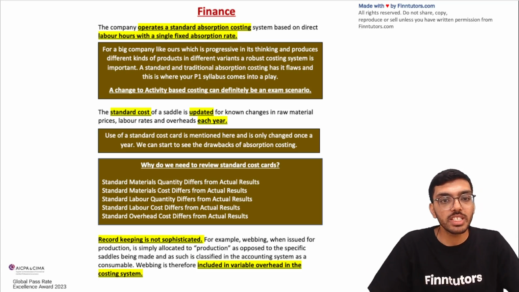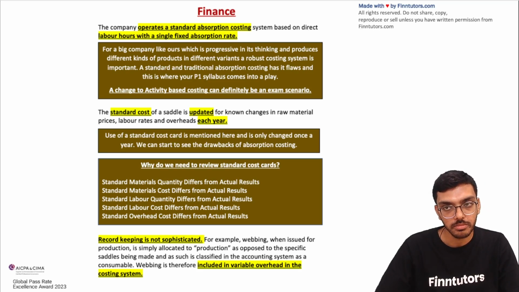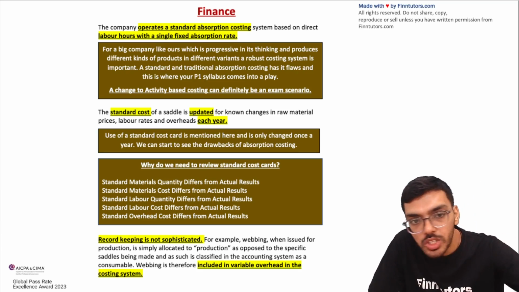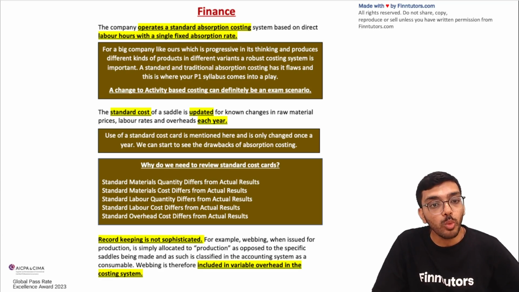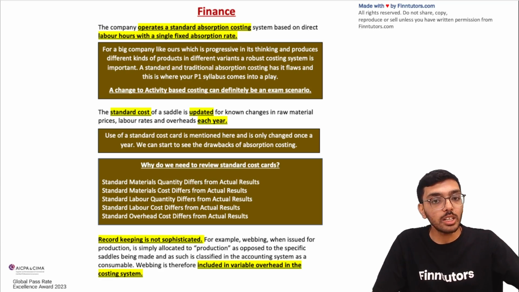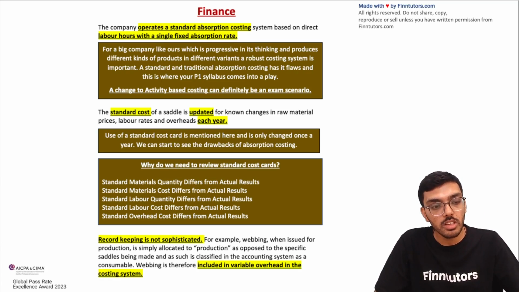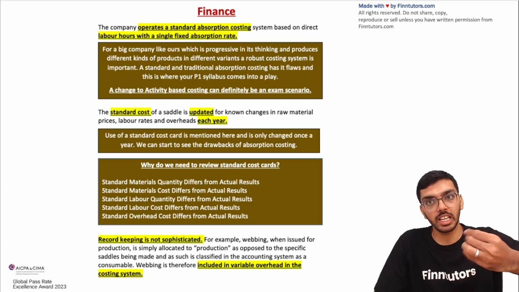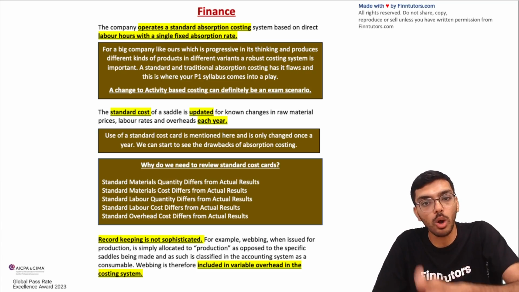The standard cost of a saddle is updated for known changes in raw material, labor rates, and overheads each year. The use of a standard cost card is mentioned here and is only changed once a year. You can start to see the drawbacks of absorption costing. There will surely be variances because the price of raw material will vary throughout the year.